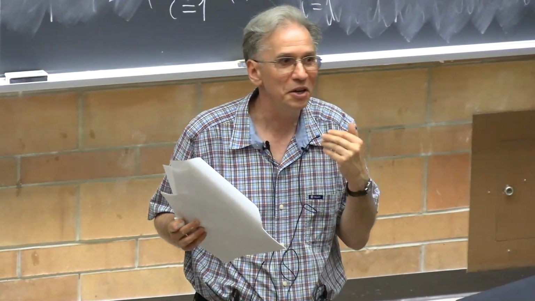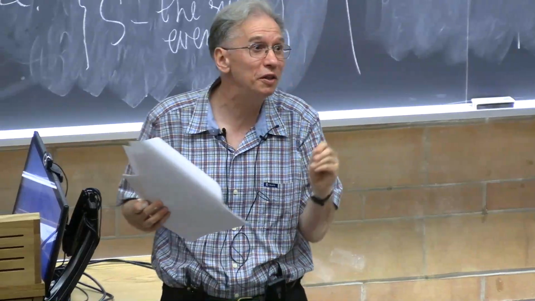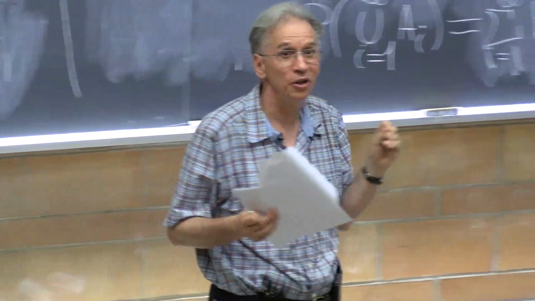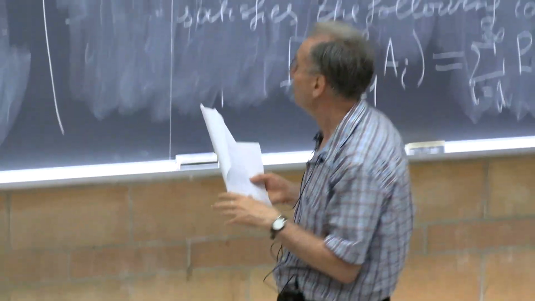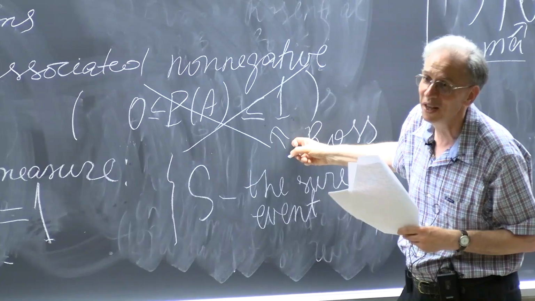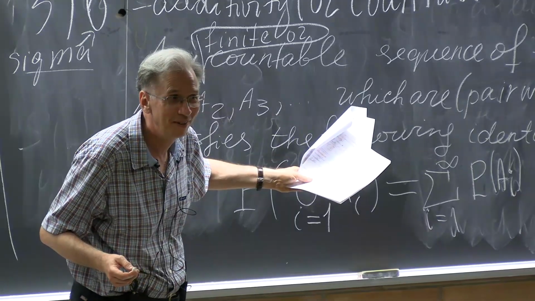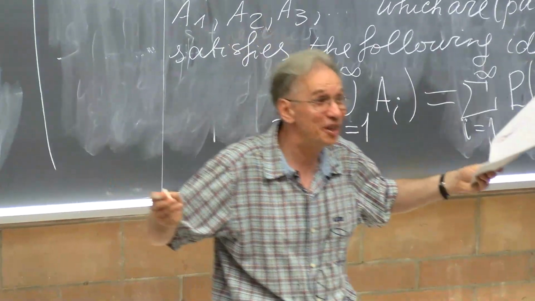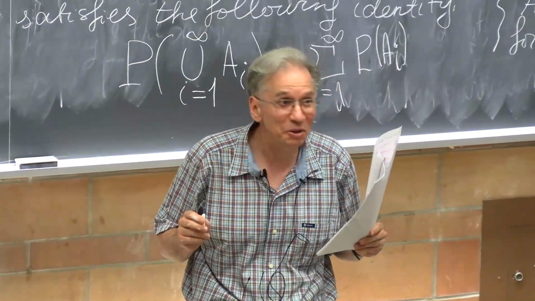So, the same idea actually here. In order to get something meaningful in math, you ought to find such a minimal set of axioms. You shouldn't be asking for too much at the very start. Does it make sense? And hence, you shouldn't be asking that P of A is less than or equal to 1 as an axiom, or that it is true for a finite or countable collection, because you could get these results as corollaries from your minimal set of axioms.